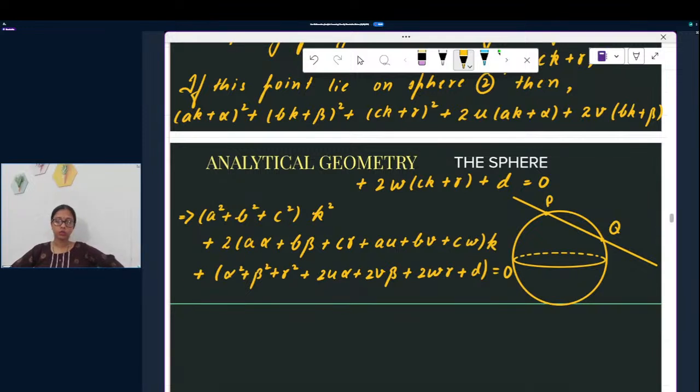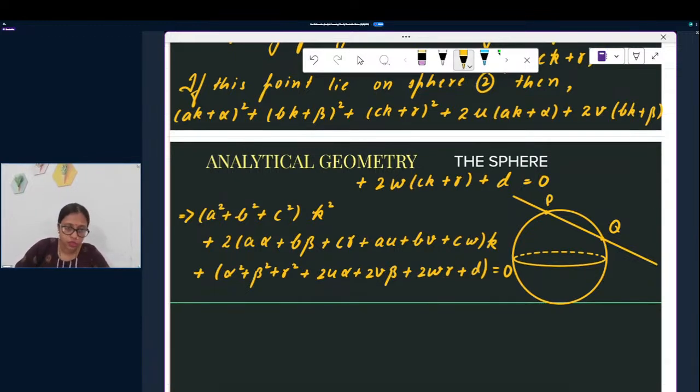Now, let me write first the explanation: this is quadratic. So even if I do not have a picture of it, I know theoretically that I can have a maximum of 2 points because this is quadratic in k.